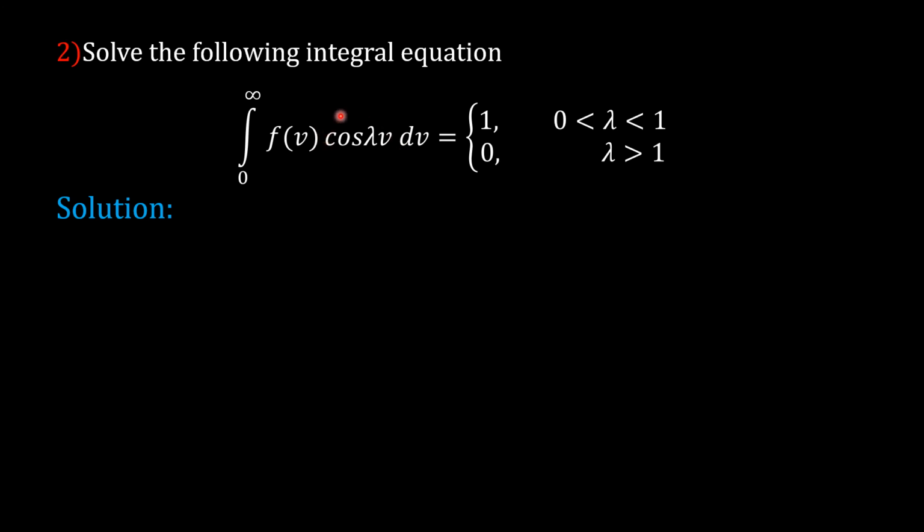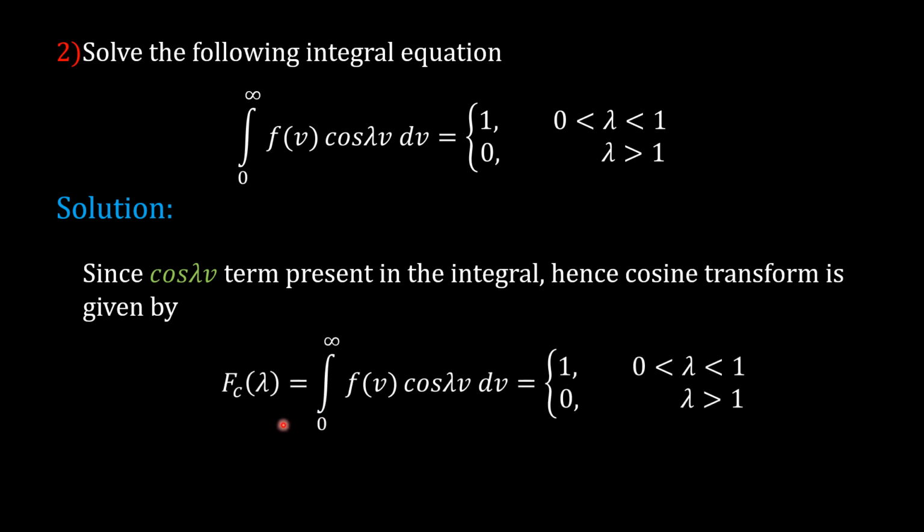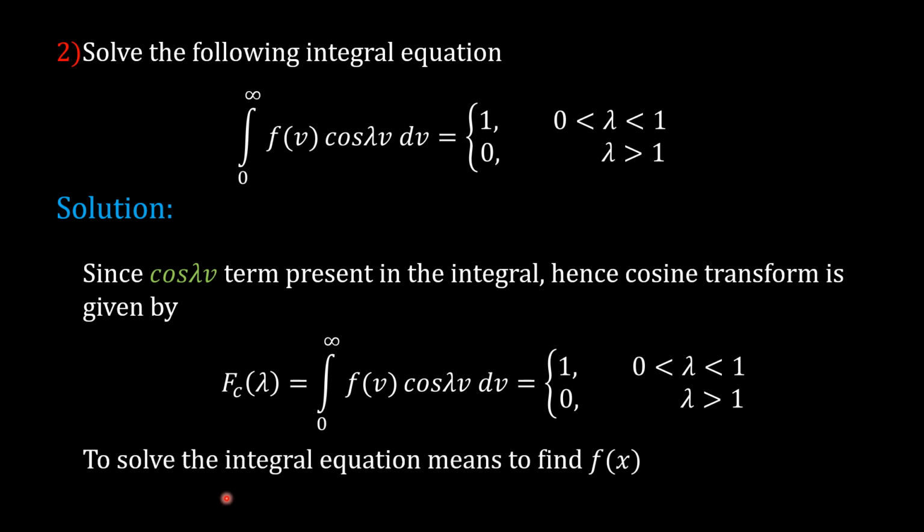So in this integration the cosine term is present, and therefore this will be treated as Fc lambda. So Fc lambda is equal to 1 for lambda lying between 0 to 1 and 0 for lambda greater than 1. As I discussed, to solve the integral equation means to find f of x.